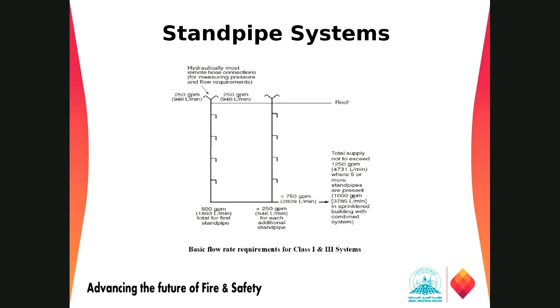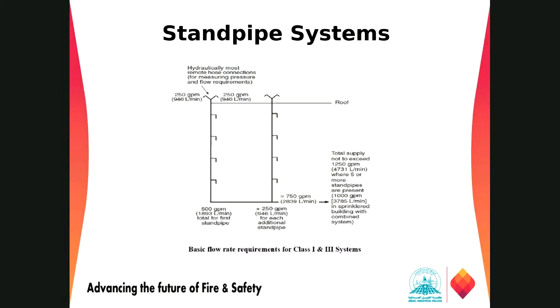Our hydraulically most demanding area should be for 500 GPM. Keeping in mind, for 2.5-inch at 500 GPM, the minimum residual pressure required should be 100 psi. Less than 100 psi is not allowed, but it is acceptable in some cases if it is approved by the AHJ, the authority having jurisdiction. If it applies, we can use that.